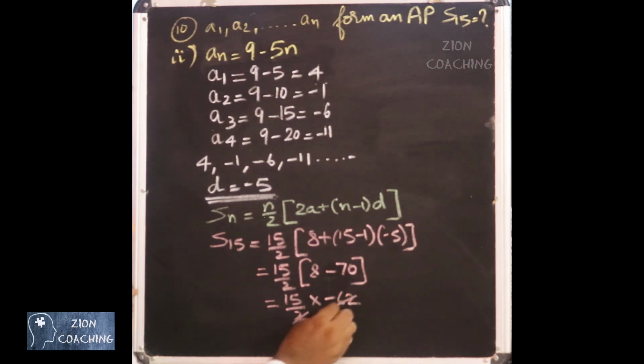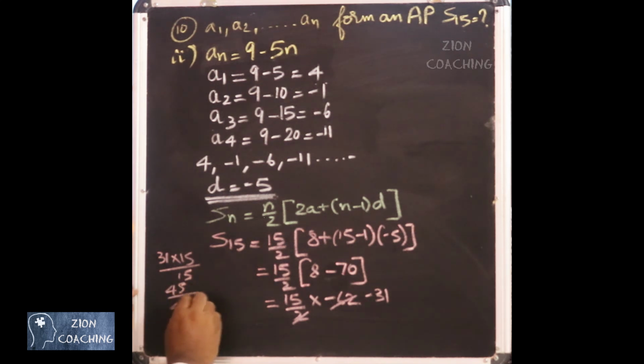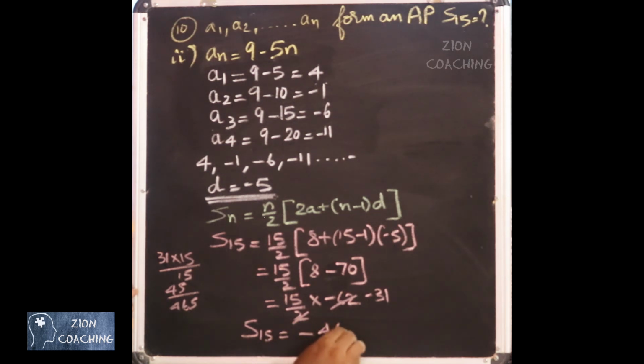So when you divide, you will have minus 31. 31 into 15 is 5 15s are 75, 3 15s are 45. So we are going to have 465. Sum up to 15 terms is equal to minus 465.